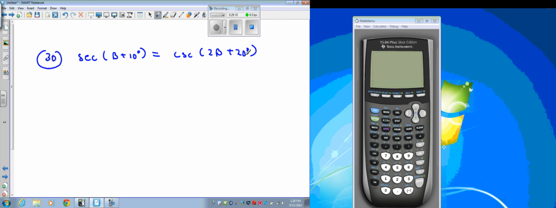Now, the way you figure this out is you say, well, if I had secant of beta plus 10 degrees, then I know its cofunction is cosecant of the complement of this. And the complement of that is what? 90 degrees minus beta plus 10 degrees.